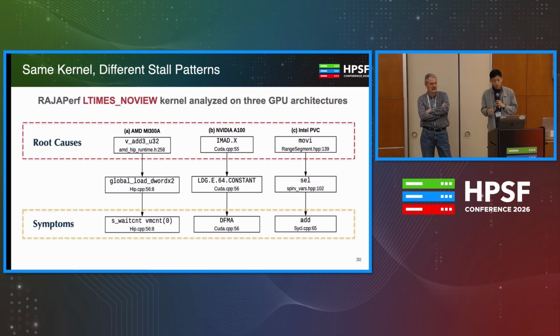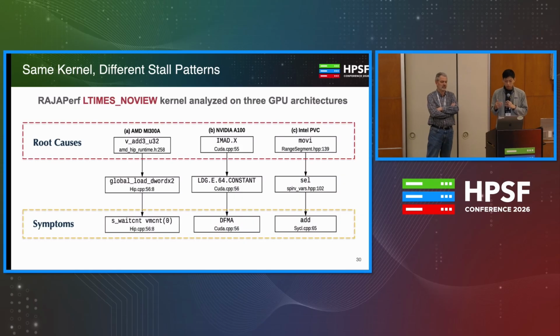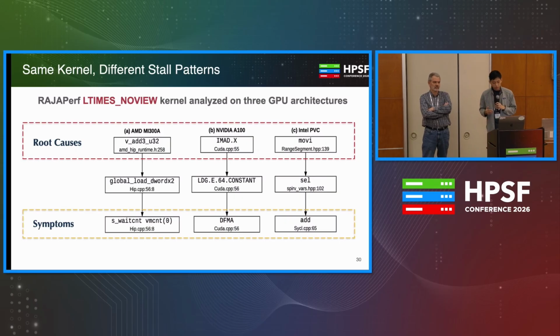Overall, from the bottom up, there are symptoms, and the symptoms can all be reviewed by the vendors' profilers. But if we want to trace upwards, there is the data flow analysis chain and the actual root cause. This kind of information can only be revealed by our Leo.